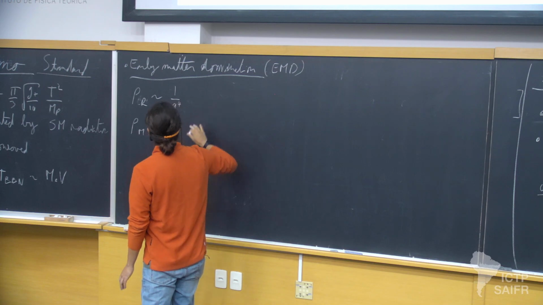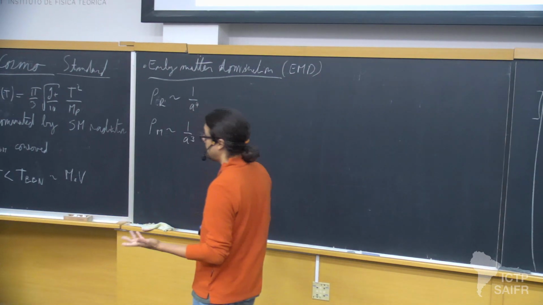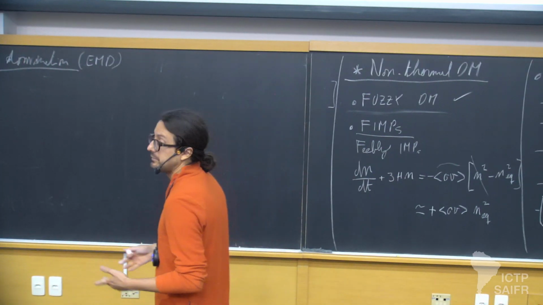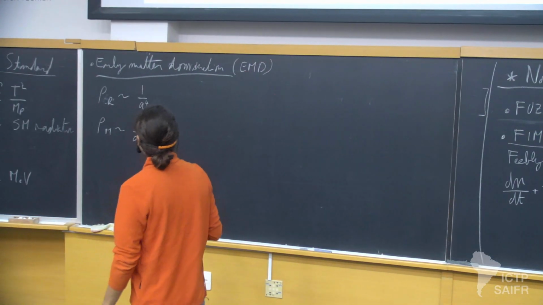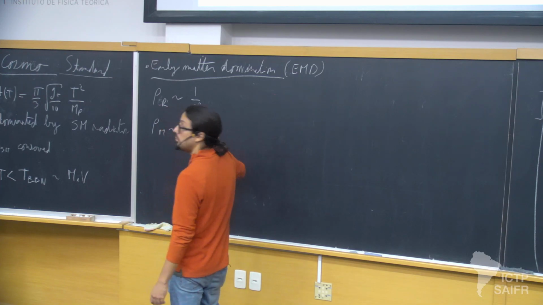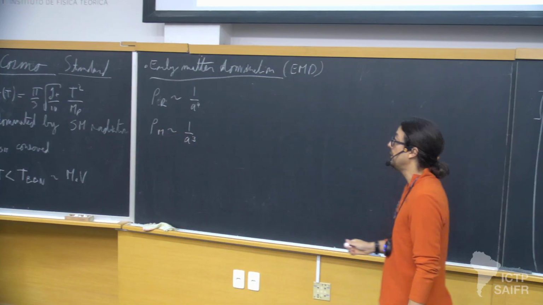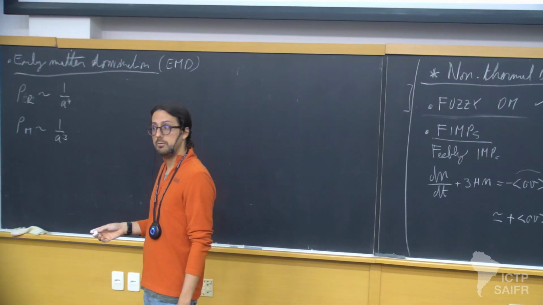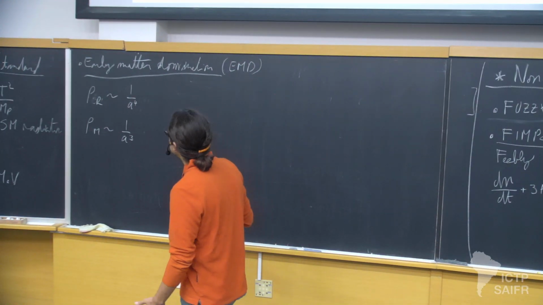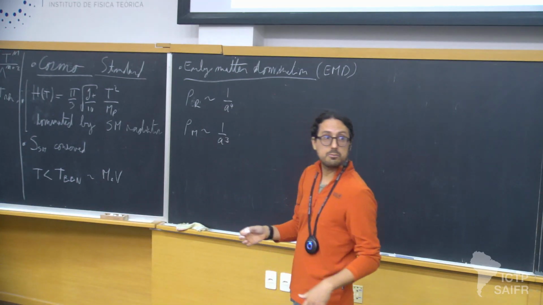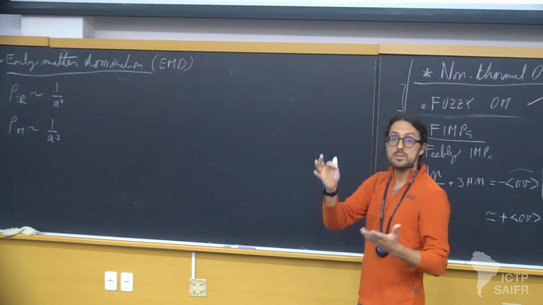We can imagine that in the early universe we have a heavy particle which is long-lived, with a lifetime of, typically, say, seconds. Because its energy density scales like 1 over a cubed, it can eventually dominate the total energy density of the universe. So let's suppose that we have a heavy particle with a large lifetime, say 1 second.